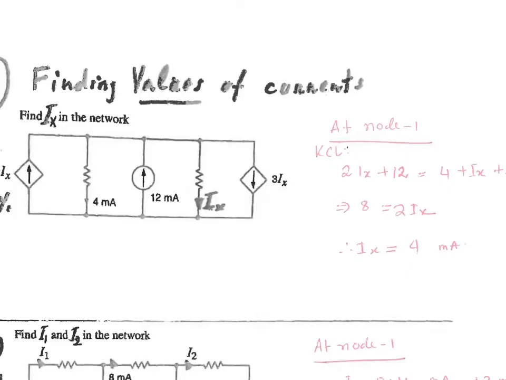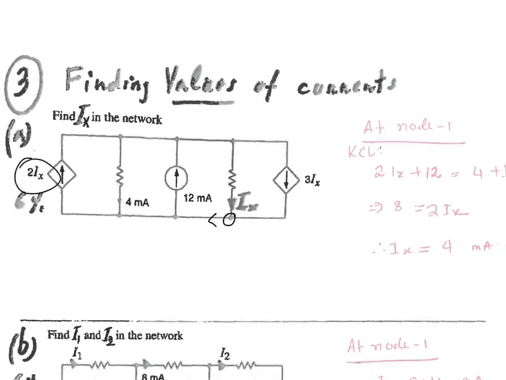Finding Ix, we can simply do nodal analysis here. So looking at this branch, flowing out of it is this 2Ix. Coming into it is 4. Flowing out of it is 12. Looking at this branch, minus Ix. And coming straight into it is this 3Ix.